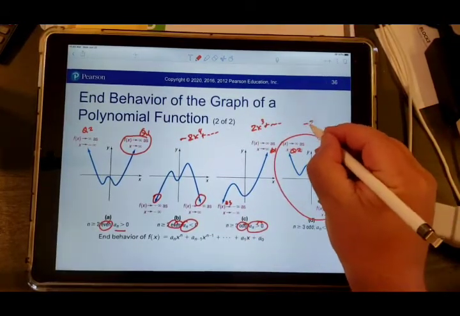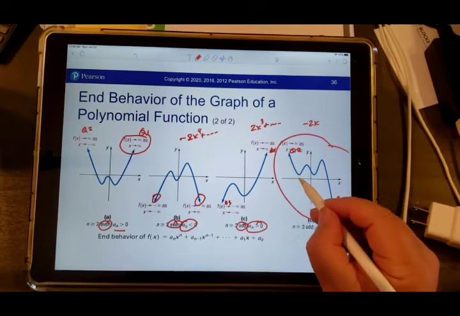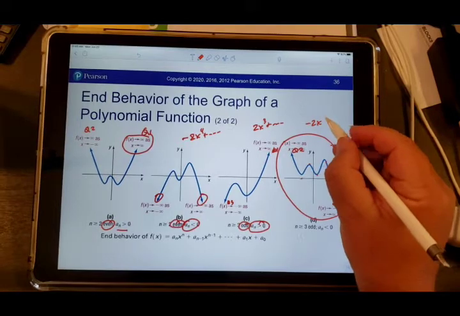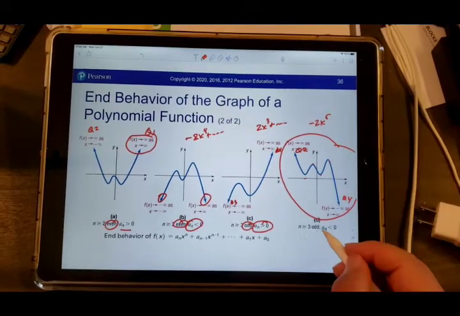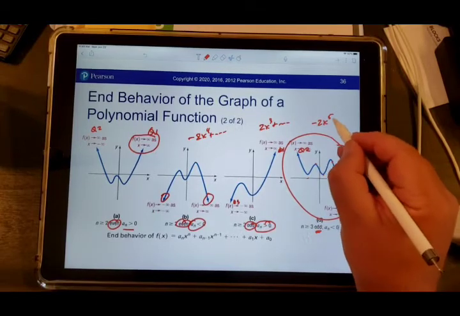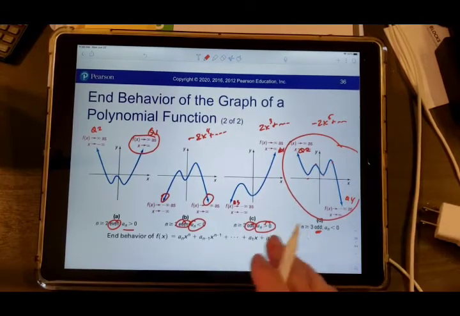So it'd be like saying minus 2x. I don't want to put 3 here because there's 1, 2, 3, 4 turning points. So maybe 2x to the 5. But it had to be odd, and the coefficient had to be negative.